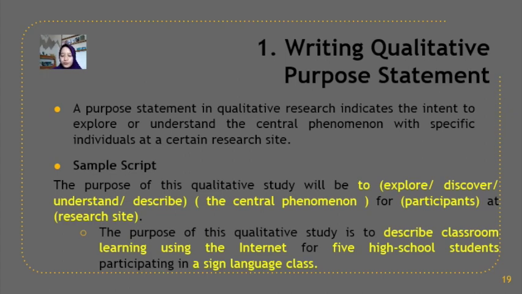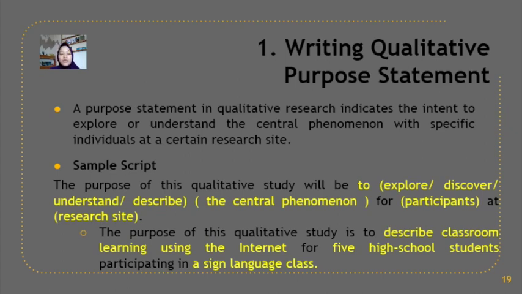Then use words that convey exploration, like explore, discover, understand, or describe, because the result will tell us the result, right?